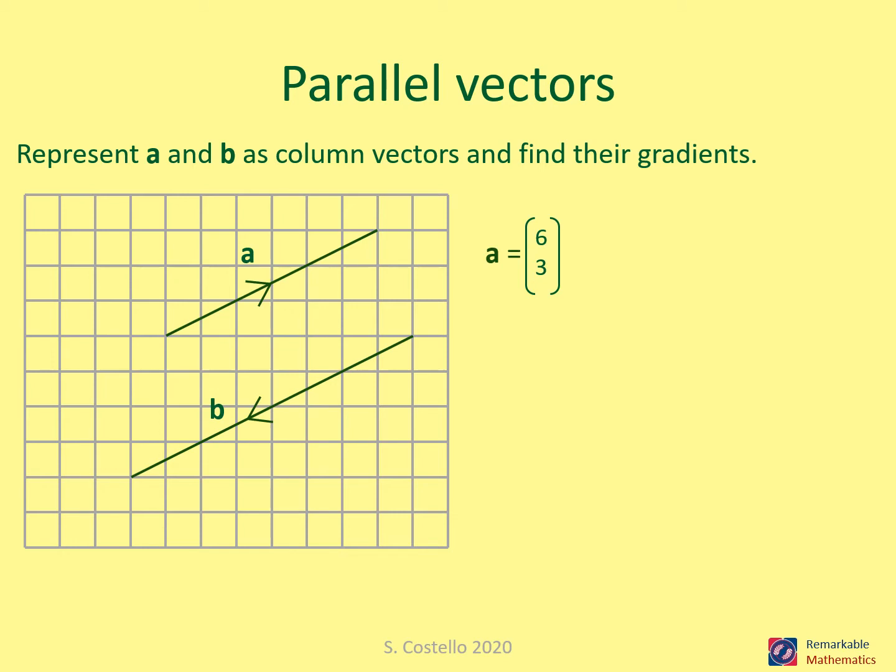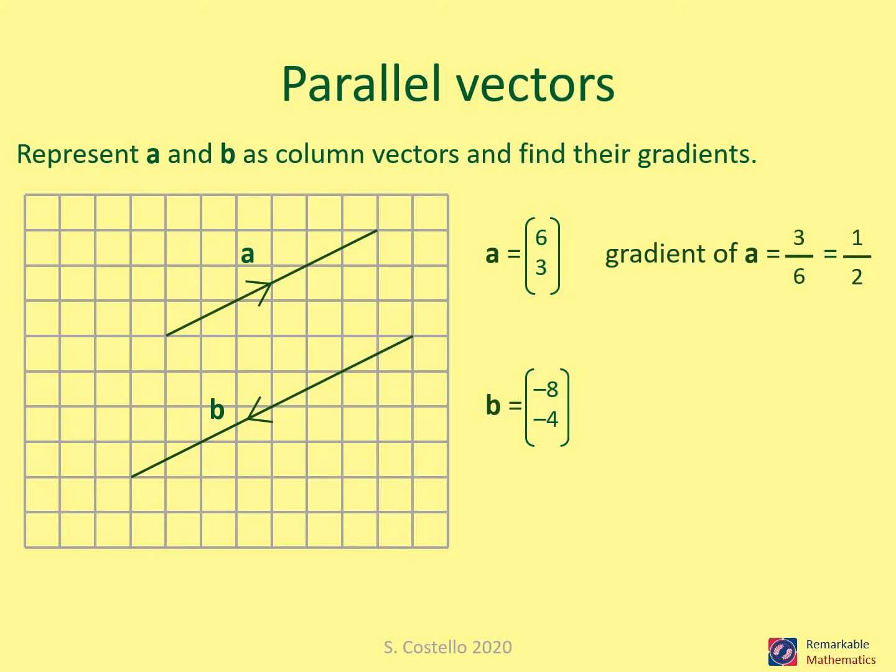A is 6, 3. The gradient of A is 3 over 6. Remember, in a vector, the top number is the x movement and the bottom number is the y movement. So for rise over run, you turn the vector upside down, and that gives the gradient of 1 over 2.